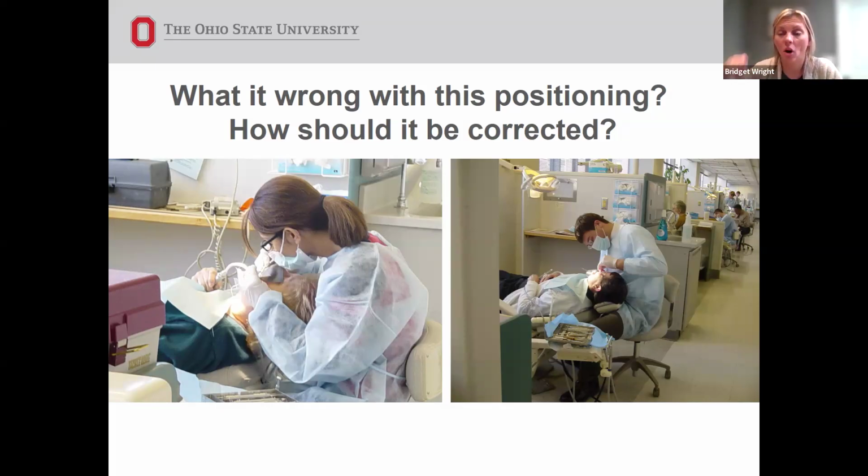And so all of the weight of his head is pulling down on his neck, and that is not good for his body. He does have a little bit of a chicken wing arm here. His patient's probably is not in the supine position, and so he could probably lower the back of the patient's chair a little bit in order to help with relaxing his arms and getting his elbows down.